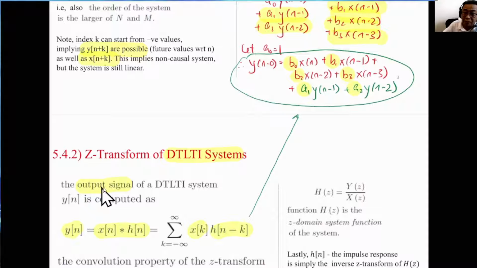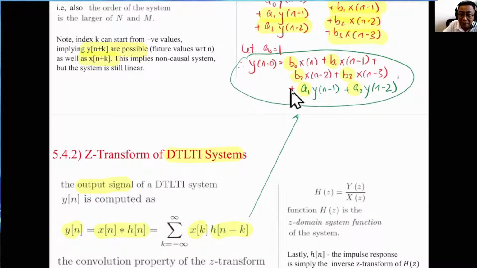In this form, we have the output as some relationship of the input and its past, as well as its past output. Here, we're writing it as a convolution equation. Notice that they would result in the same output when we begin with the relaxed condition.